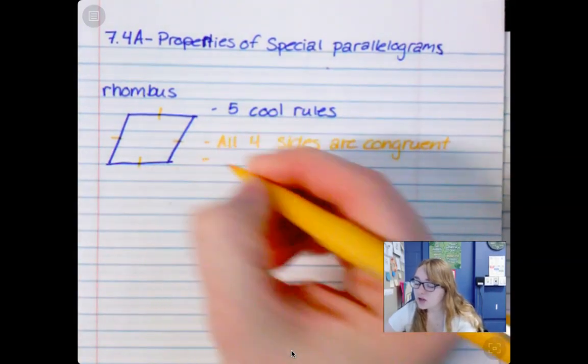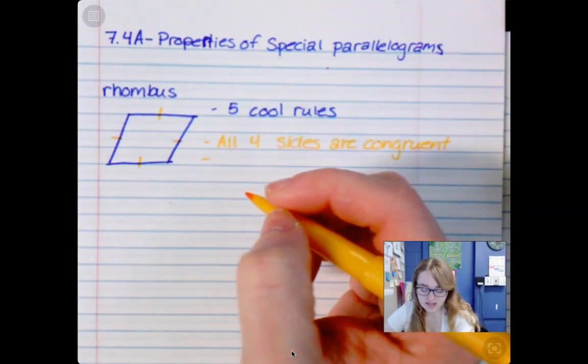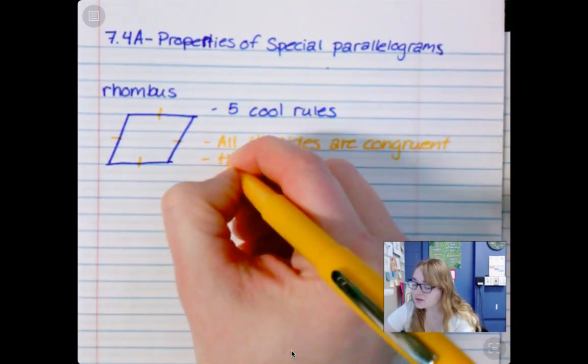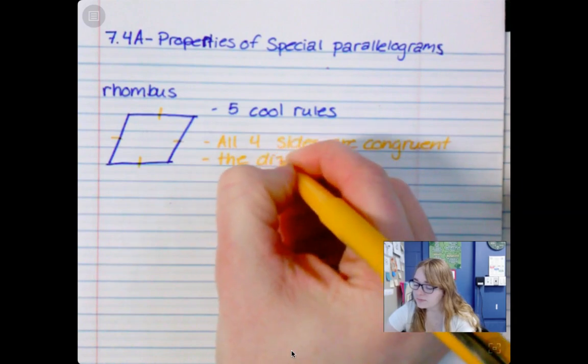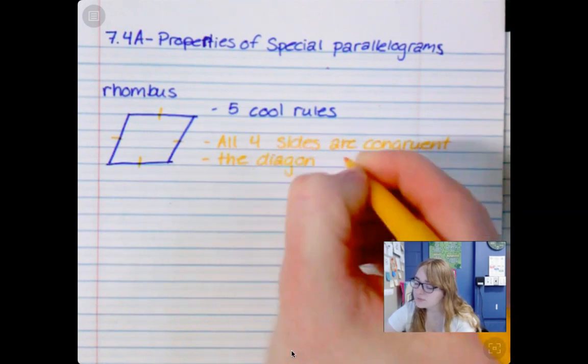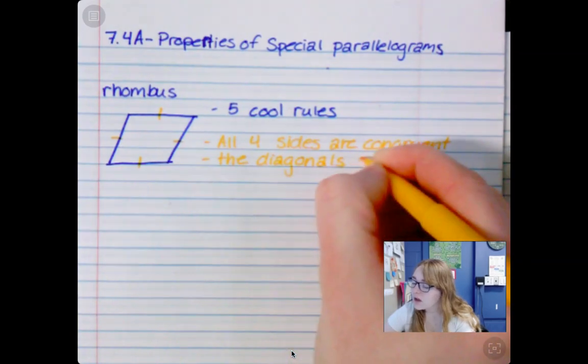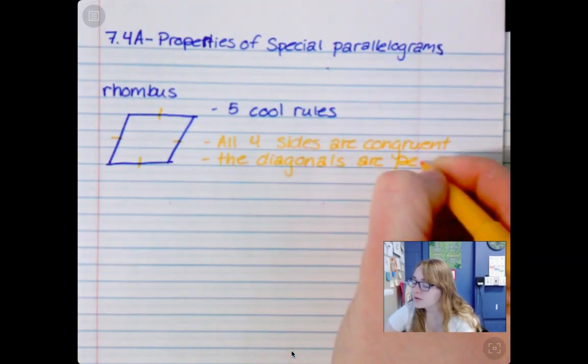And then the second new property is that the diagonals are perpendicular.